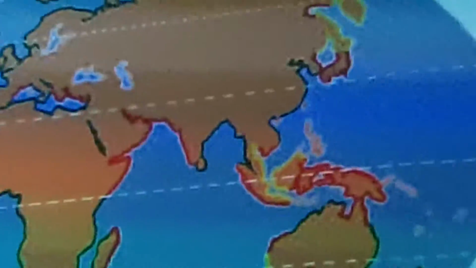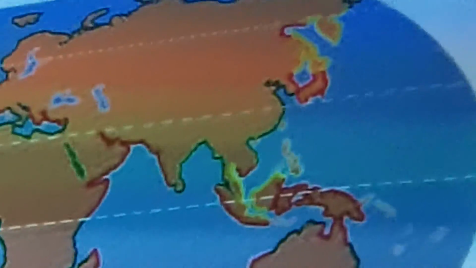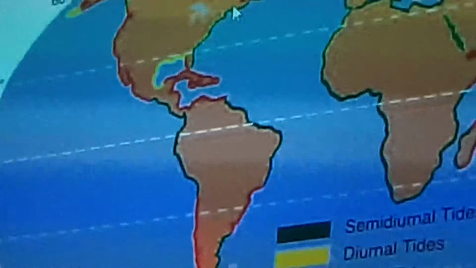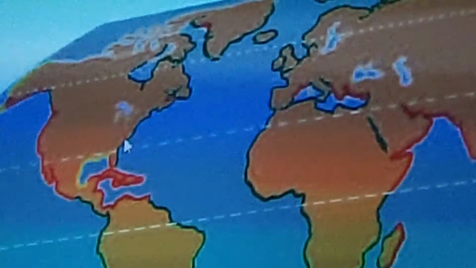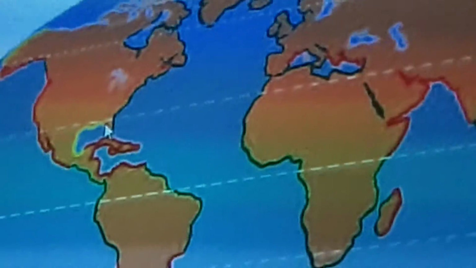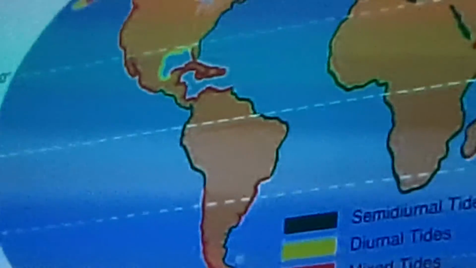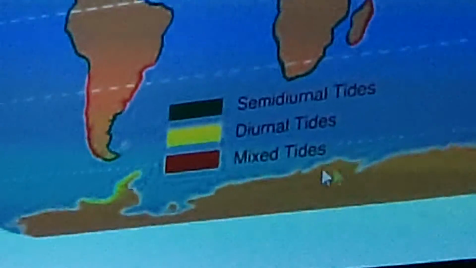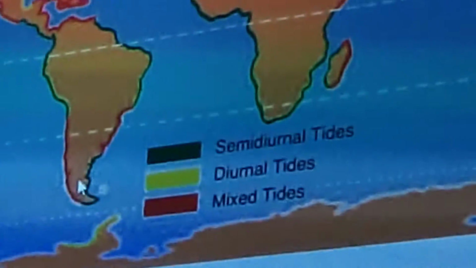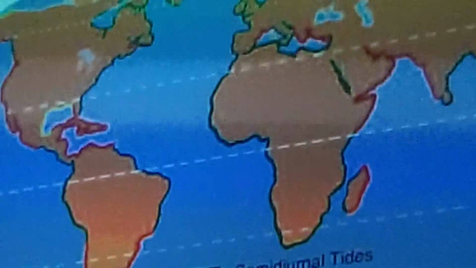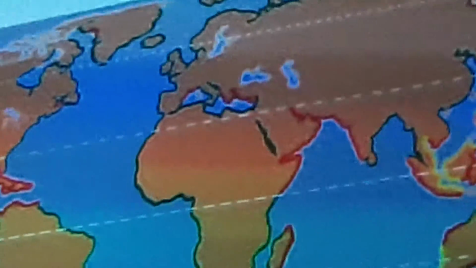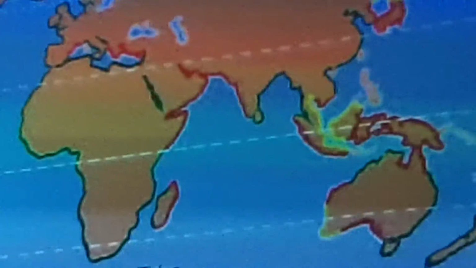So the green areas have 2 high and low a day. The yellow areas just have 1 high and low a day, and the red have kind of a mixture. You might get 2 one day, you might get 1.5 one day. It might vary depending on the time of the month.